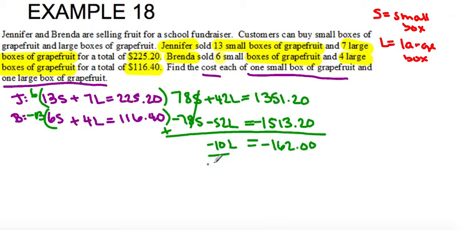I have to get L by itself, so I divide both sides by negative 10. So the cost of the large box of grapefruit is $16.20.